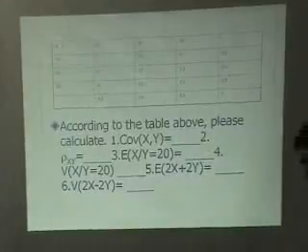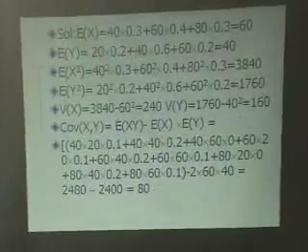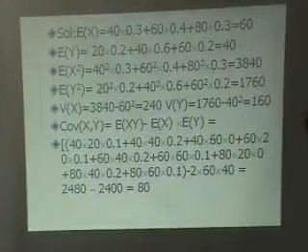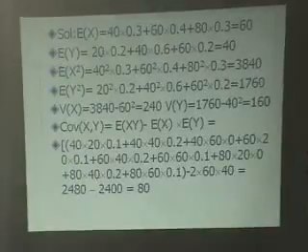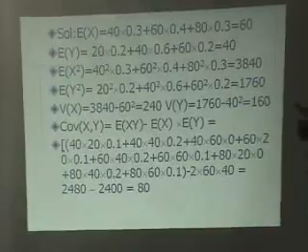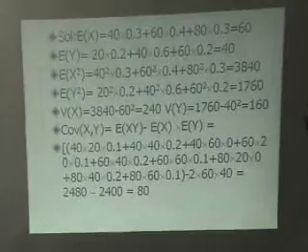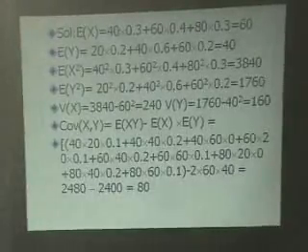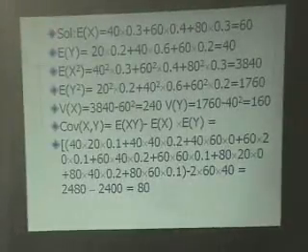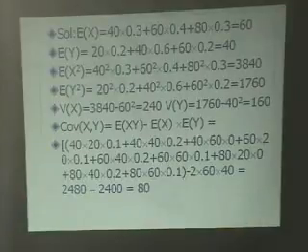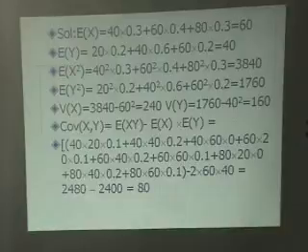Okay, let us move on. Let us look at the answer. Of course, expectation of x is equal to summation x times px, right? So the formula there tells you that expectation of x should be equal to 20, and then expectation of y should be equal to 40, and expectation of x squared, okay?